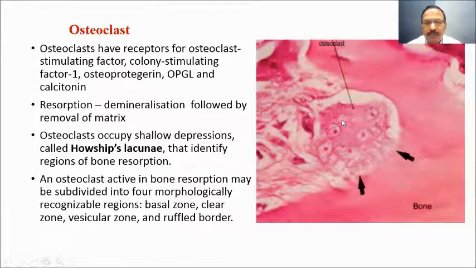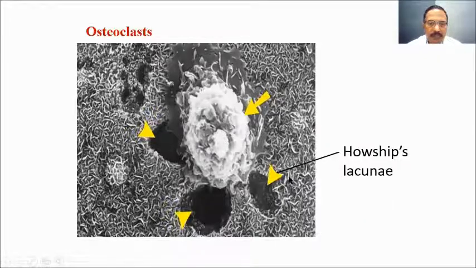So it is according to the presence of various digestive enzymes, and it is described as 4 zones. So they are present like this. In this slide, we can see there is a small space around that cell that is called Howship's lacunae. This is a scanning electron micrograph also showing the same.